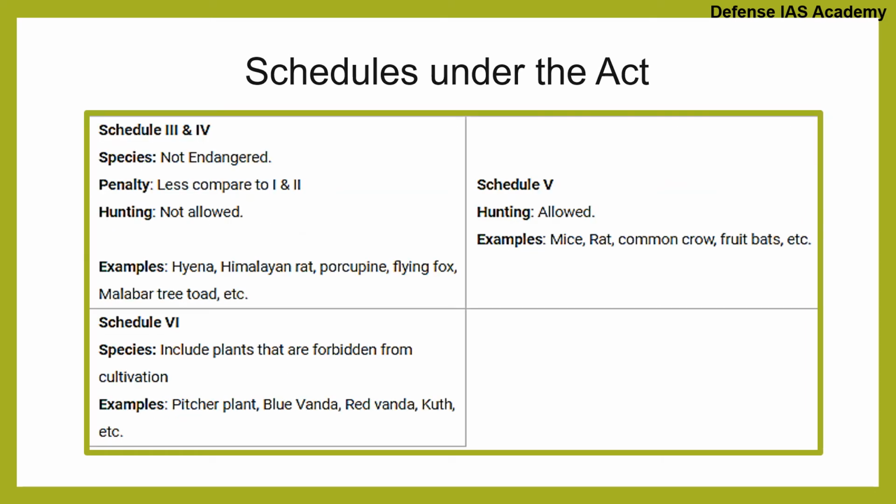Next, schedule 3 and 4. What do schedules 3 and 4 say? These schedules say that the species that are not endangered are included in schedules 3 and 4. Hunting them, poaching them or trading them will give you less penalty or imprisonment compared to schedules 1 and 2, and hunting is strictly not allowed.